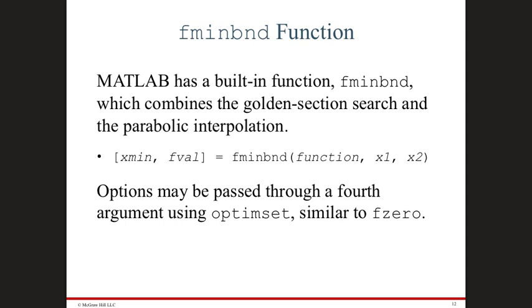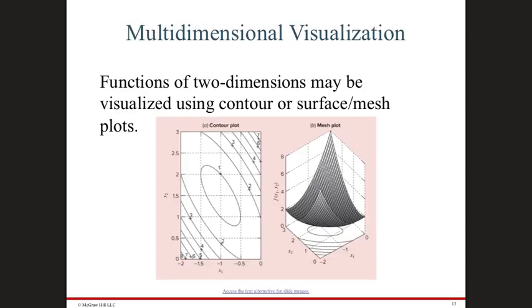Now these are some MATLAB functions that use either the golden section search as well as the parabolic fit, and some of them actually try a hybrid technique. So they use this and then alternate to use the other and then come back to the search and so on, so that it can converge faster.